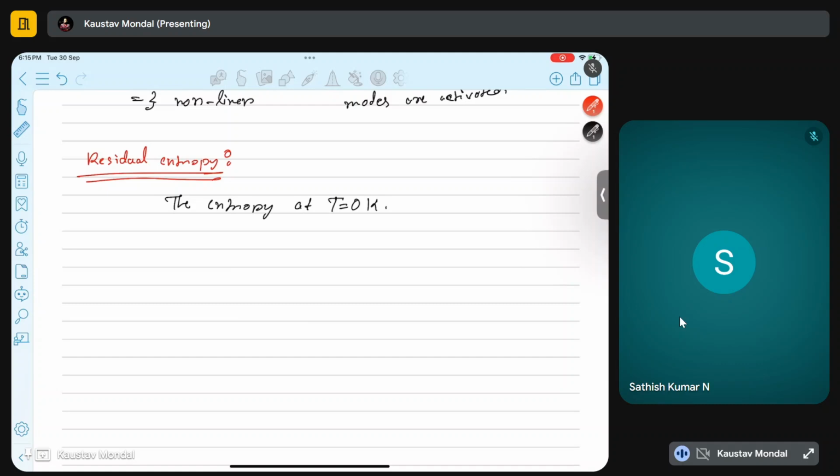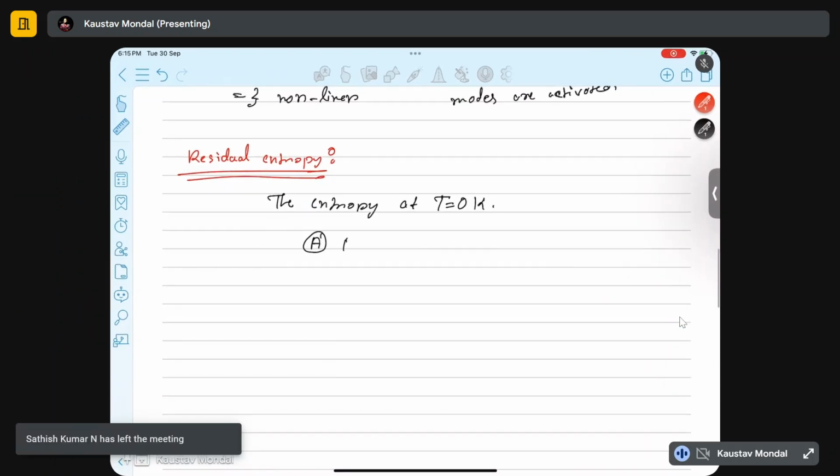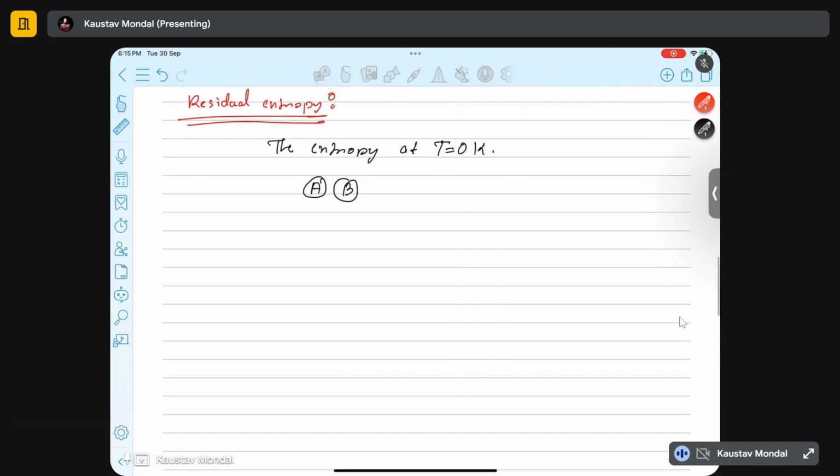So let's suppose two molecules A and B, which are basically identical to each other. Suppose in a lattice structure, the lattice is oriented like this, AB, AB, AB, or it can be like this, AB or BA, and again AB.